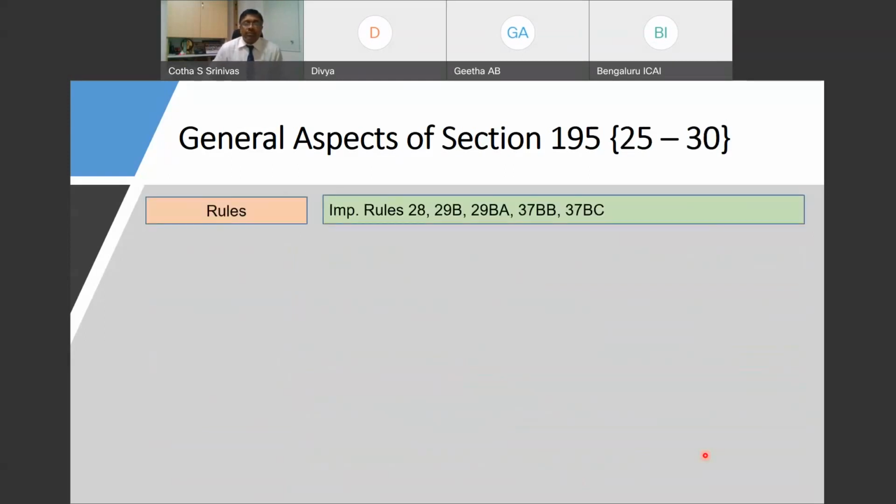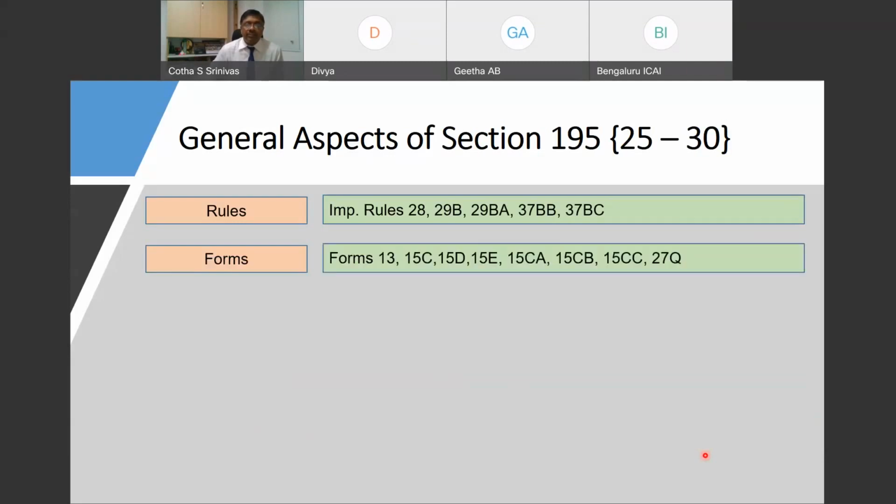Coming to the rules, some of the important rules that you may have to know for TDS provisions under section 195 are Rule 28, 29B, 29BA, 37BB, and 37BC. Rule 28 is with respect to section 197, where the payee applies using Form 13 for lower or nil deduction of TDS. 29B is with respect to 194(3), where the payee can apply using either 15C and 15D. 29BA is with respect to 195(2), where the payer can apply for lower deduction of TDS using Form 15E.